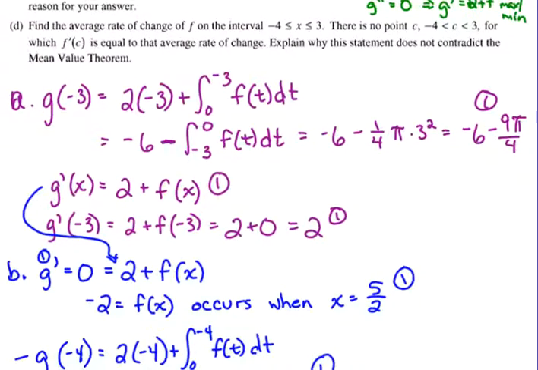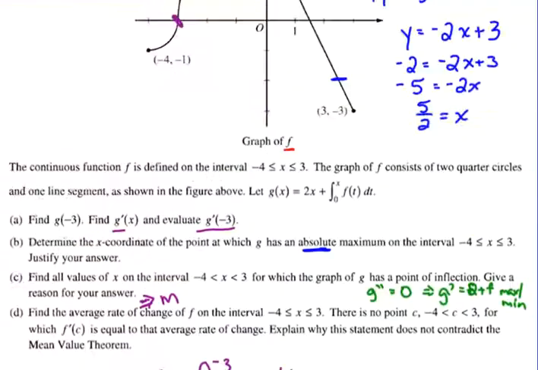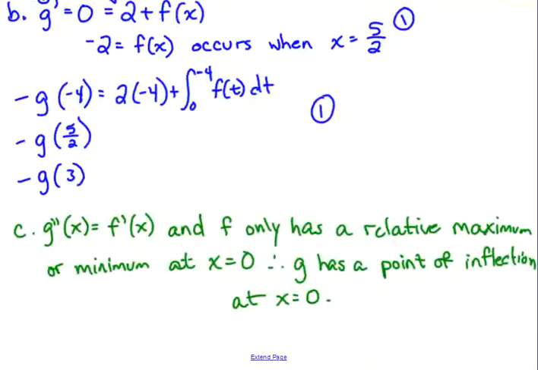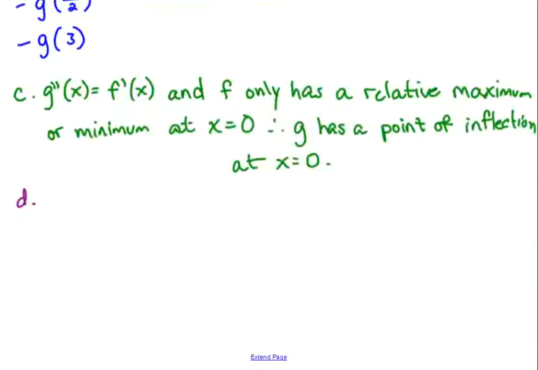All right, let's look at D. Find the average rate of change. What should average rate of change make you think? Slope. Okay, average rate of change is slope of f on the interval from -4 to 3. So what is the slope from -4 to 3 of f? We're literally just finding the slope from here to here. So let's set that up. f of 3 minus f of -4 over 3 minus -4.